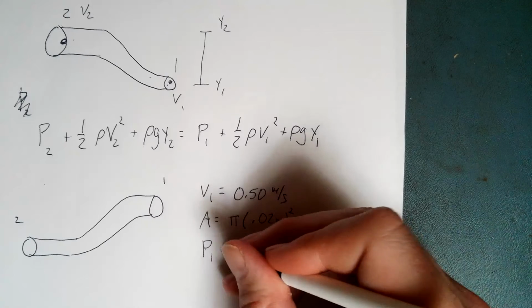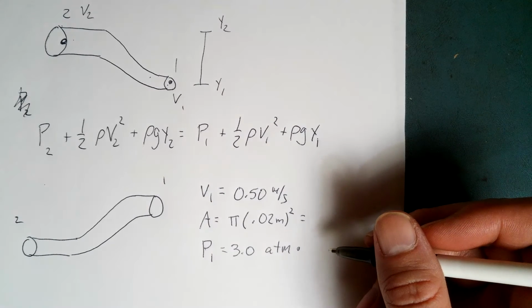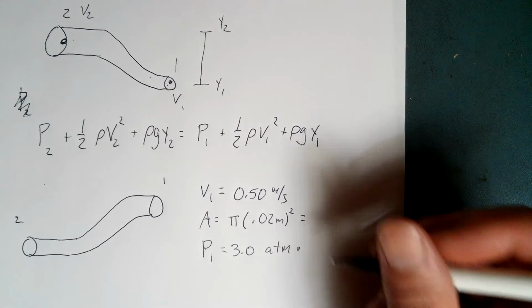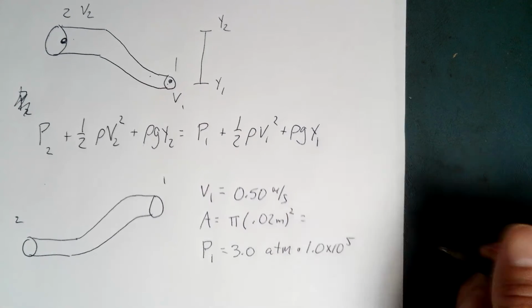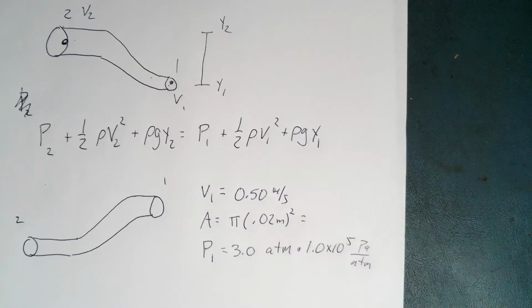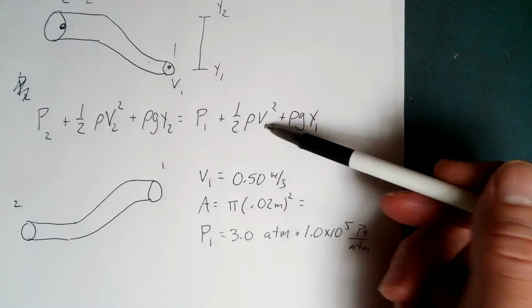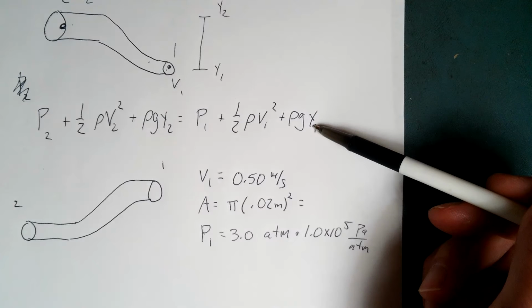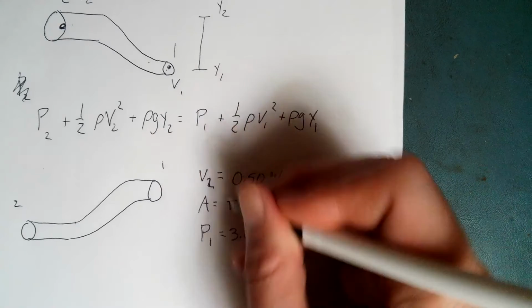We need to convert this to pascals, times 10 to the 5th pascals per atmosphere. You actually know all three things: pressure, speed, height. I just did this all backwards. That's all basement stuff, so change this all to 2's.